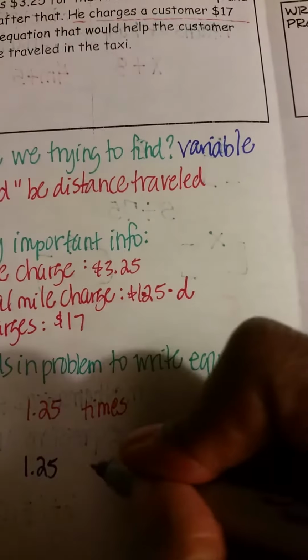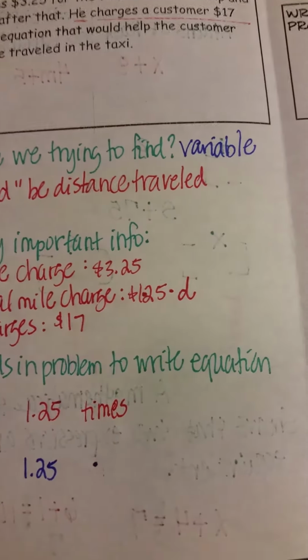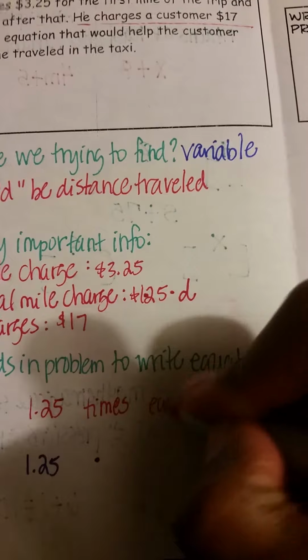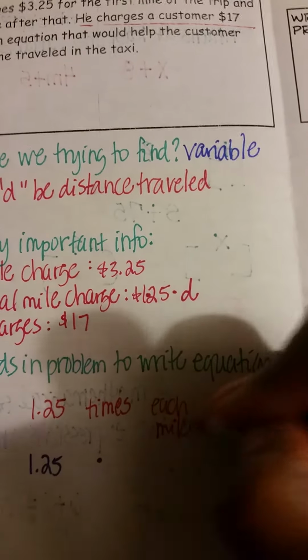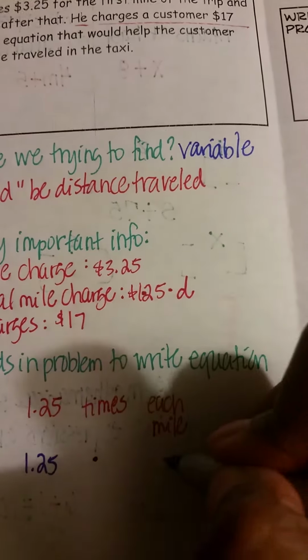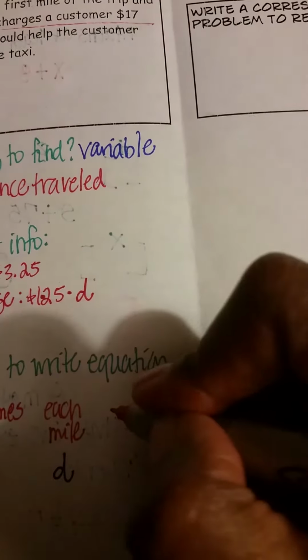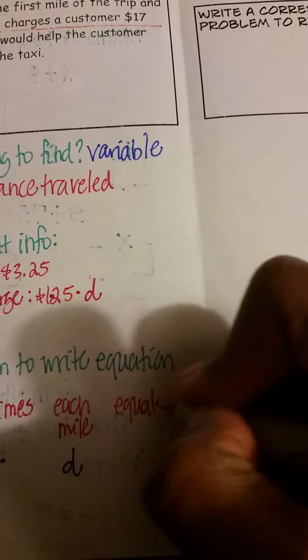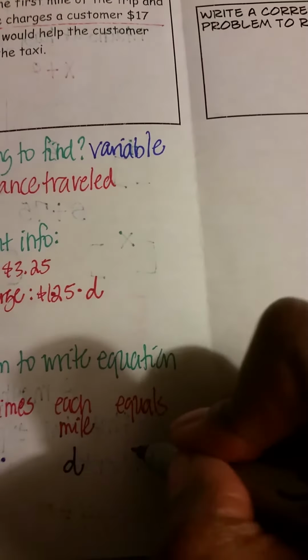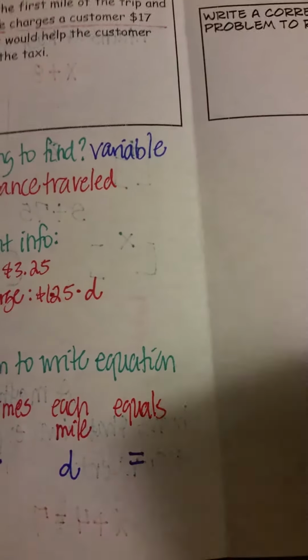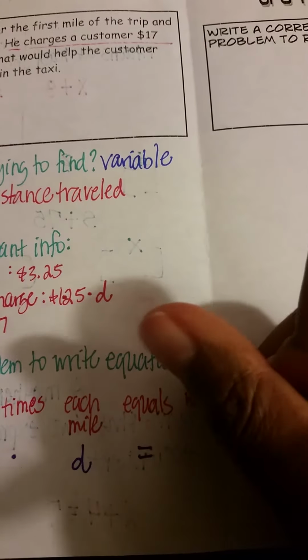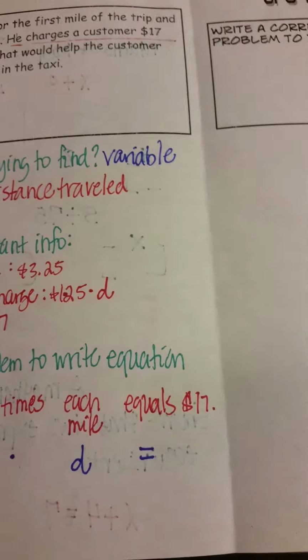So multiplication there. So times each mile, which we don't know, which we said that was going to be D, equals, and that's our equal sign. And we know that our total, $17.